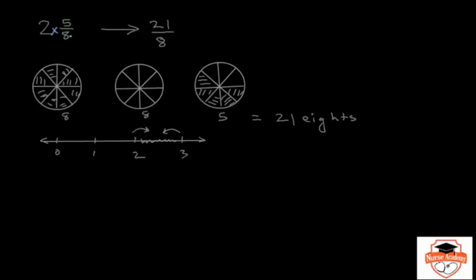So you do 2 times 8, you get 16. That's this 8 and this 8 taken together. And then you want to add the 5 pieces from the third circle or pizza. So that makes it 2 times 8 plus 5. That's 21 on the top. So that gives you the numerator of the improper fraction, and the denominator is just the same.